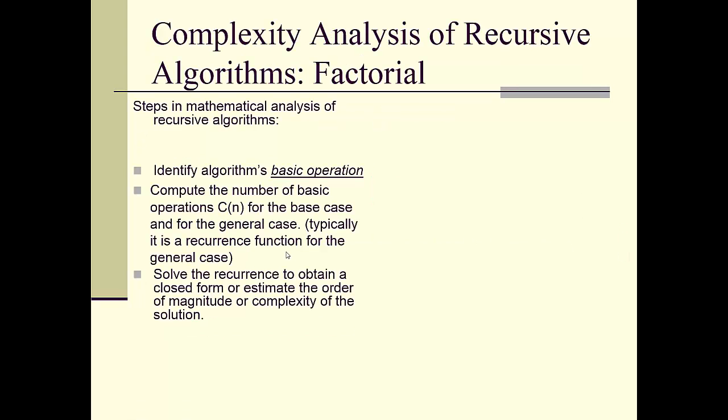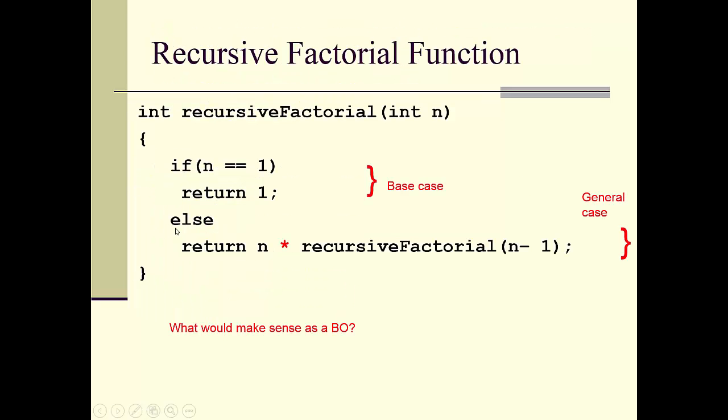So if we look at the factorial function and ask what's going to be the basic operation, we know that it's multiplication. If we look at the number of basic operations done in the base case, you could see that in the base case, I'm not doing any multiplication. However, I'm doing multiplication in the general case.